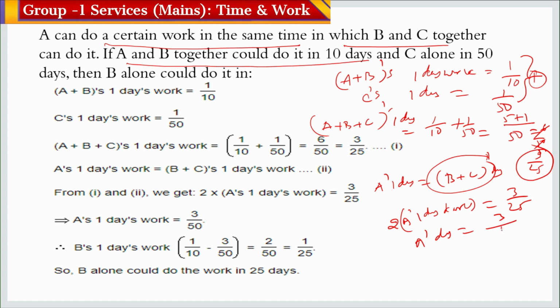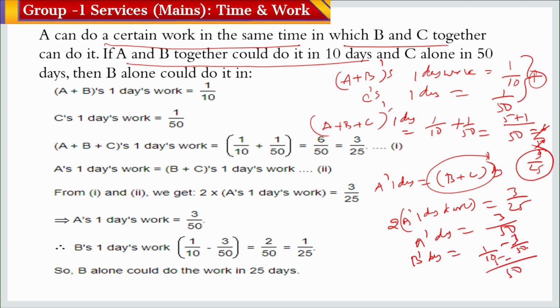A's 1 day work is how much? 3/25 into 1/2, 3/50. A plus B's 1 day work is 1/10. So, B's 1 day work is how much? It is A plus B, 1/10 minus 3/50. LCM is 50.